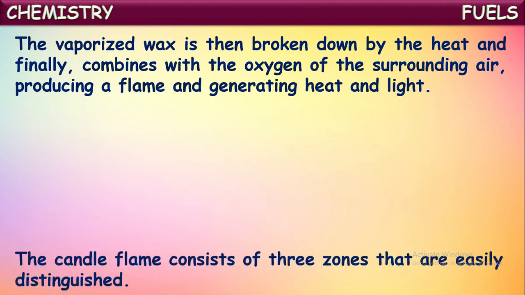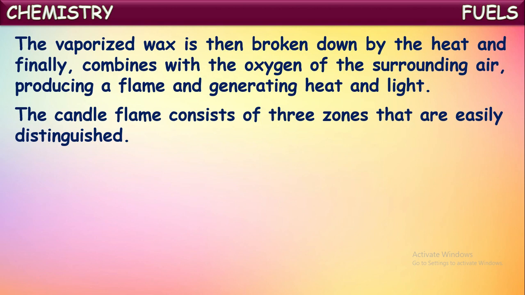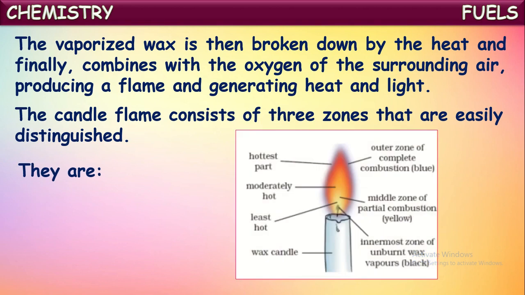The candle flame consists of three zones that are easily distinguished. A candle flame can be separated into three zones. They are the outer zone or outermost zone, which is the light blue colored part seen here.